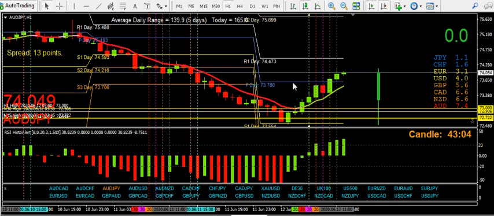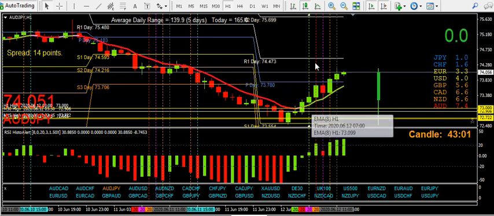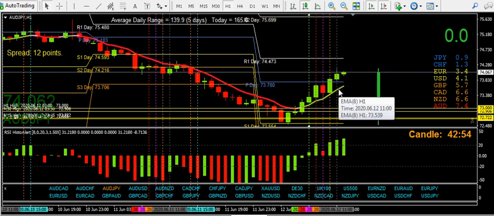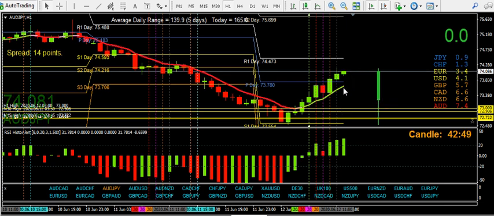So the two bar pullback tends to be on the lower time frames, so don't hold that as a hard and fast rule. Just use the pullbacks on the lower time frames, and the continuation, if you like, on those time frames to enter the trades. Or, if you're a long-term trader, then you just hit it and you set your stops and carry on.